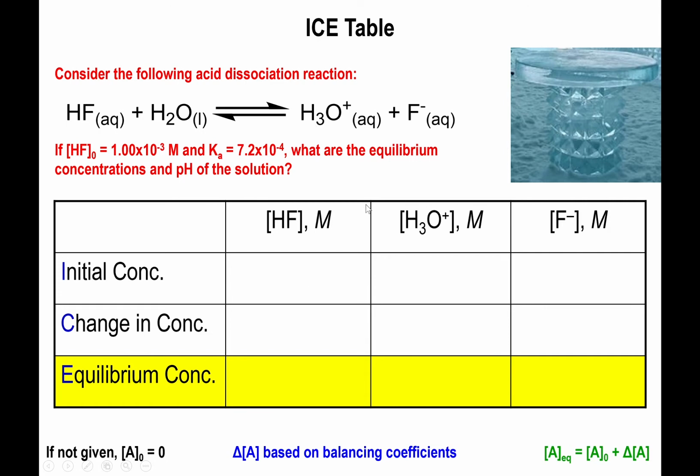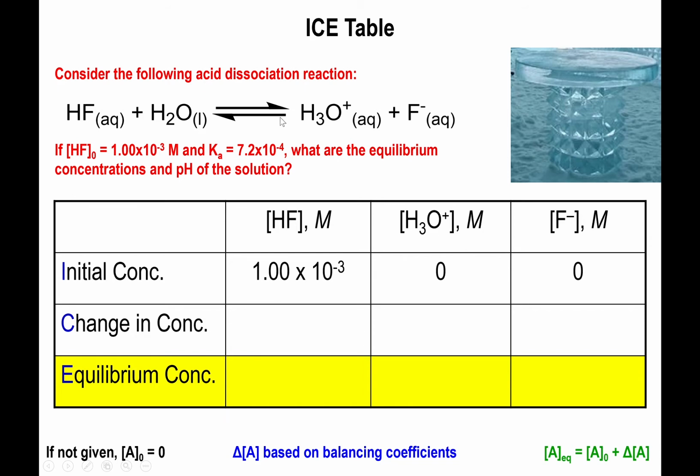So we prepare our ICE table, we input the initial concentrations, we only have information for HF, we don't have any information for hydronium or fluoride, so we assume them to be 0 to begin with. Notice also that I'm not using water or introducing water into the table because it is a liquid.